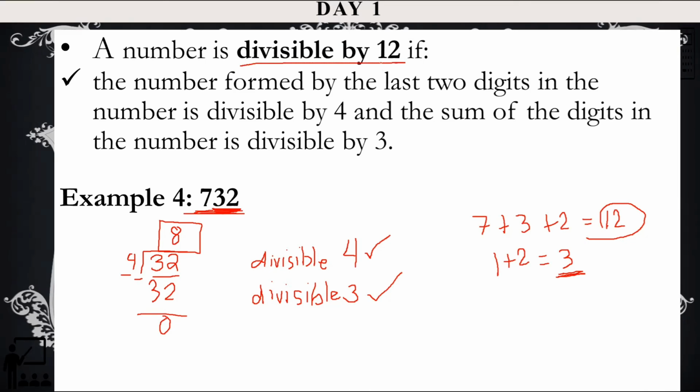So it's very important to know the rules in divisibility by lower numbers, like 2, 3, 4, 5, 6, 8, 9, because we can use them in other divisibility rules. So I hope you learned a lot in our divisibility rules of 4, 8, 11, and 12. So thank you.